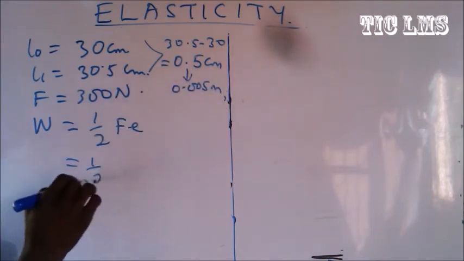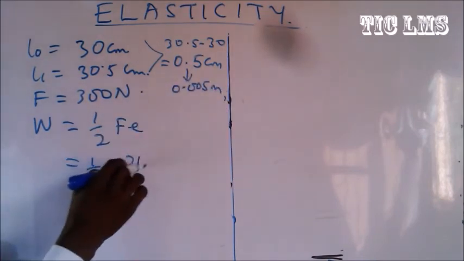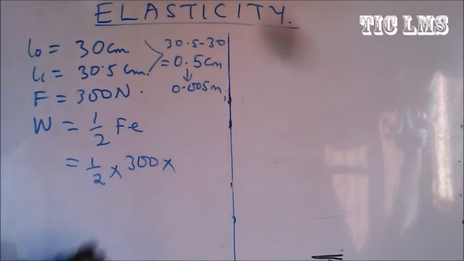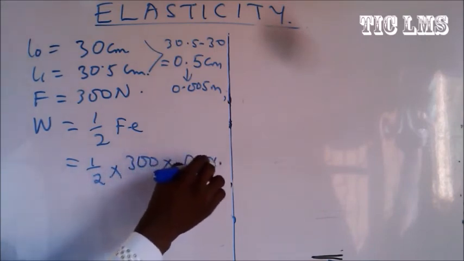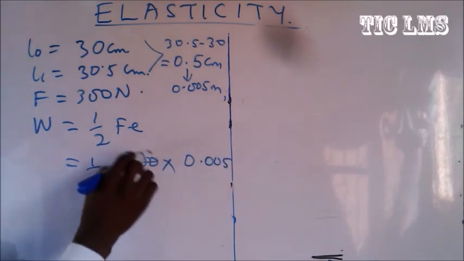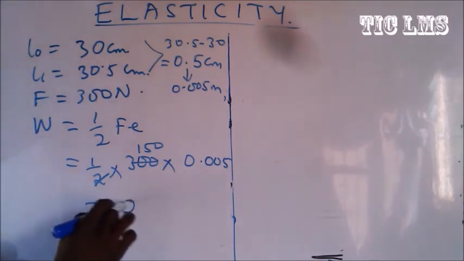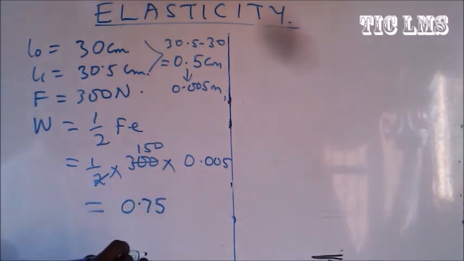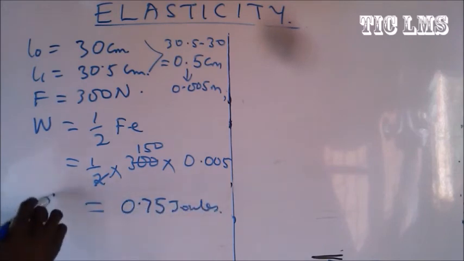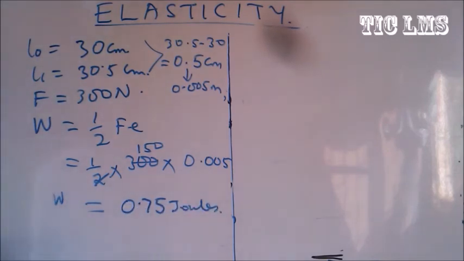And so we have 1 over 2 times force, which is 300, multiplied by extension, which is 0.005. So 150 multiplied by 0.005, that yields 0.75 joules as the work done, or better still, the strain energy of the wire.